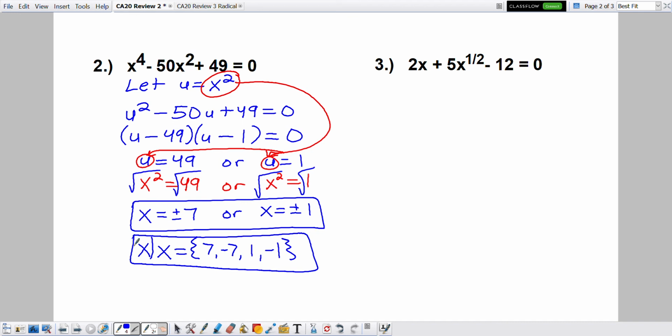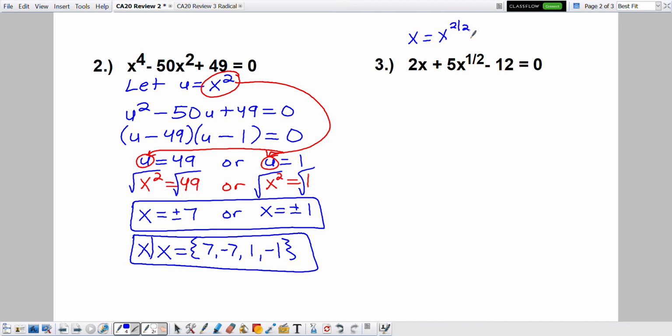Moving on to number 3, think about what would you let u equal. You have 2x, that looks pretty nice, but then you have 5x to the 1/2 power. That doesn't look very nice. But did you know that really x is equal to the same thing as x to the 2/2 power? Think of that.